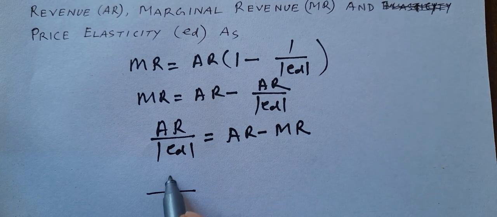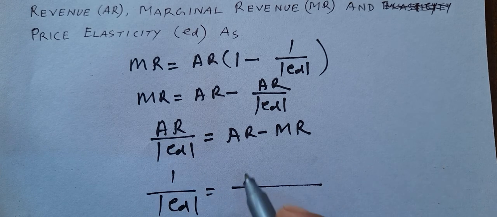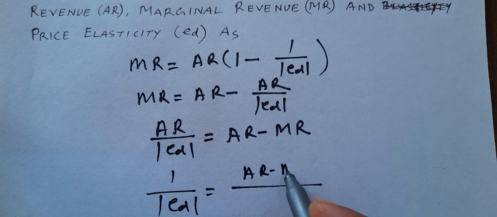Again, take this ED to the other side, and AR into the right hand side: 1 by ED is equal to AR minus MR divided by AR.